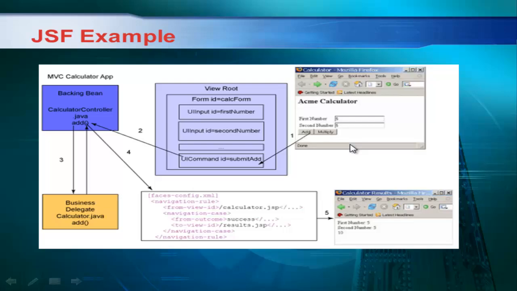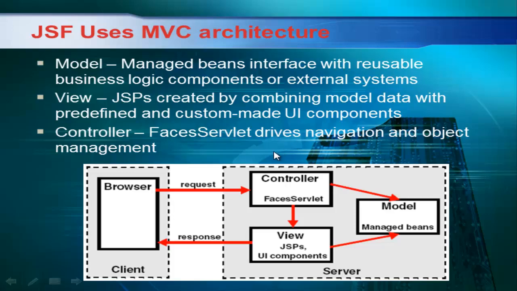You create a JSP page, and a JSP page is nothing but a collection of all UI components, and you create a backing bean, and that is your model. Whenever some request is sent, the request is usually sent to the Faces servlet.